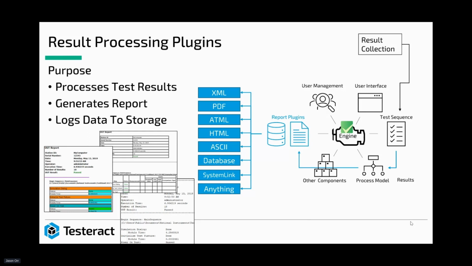TestStand has a plugin architecture for these report plugins, so you can have any number of plugins that can produce custom reports or log to databases or to data structures, data travelers, what have you, which can be very useful for integrating your test automation software into a larger framework or process. So result processing plugins process test results, generate reports, and also log data to storage.